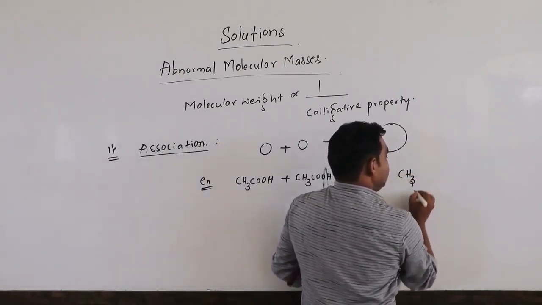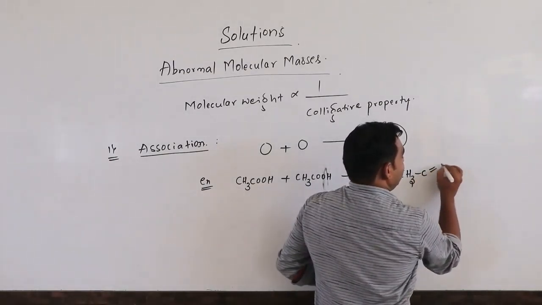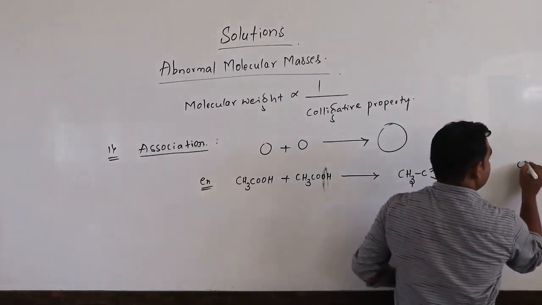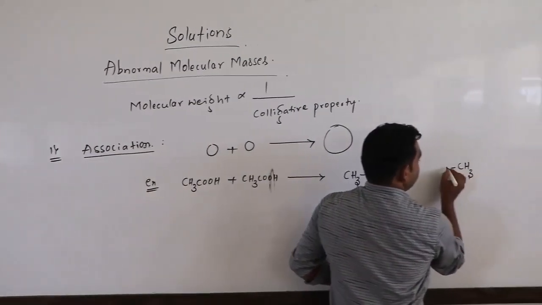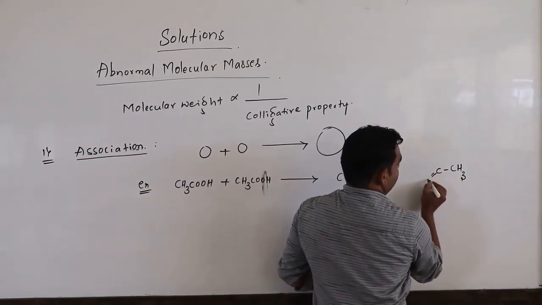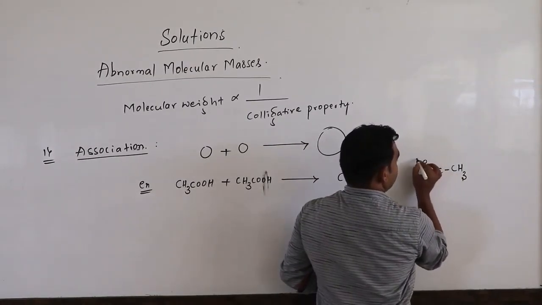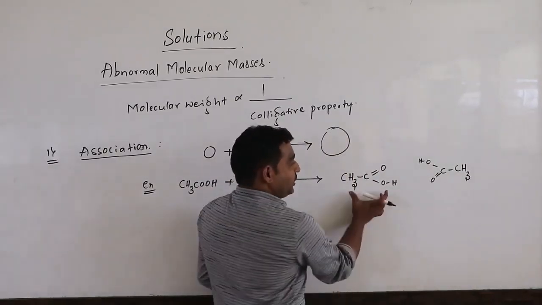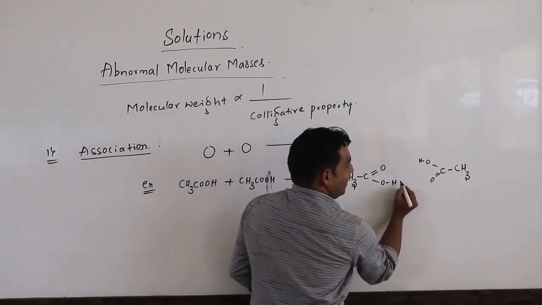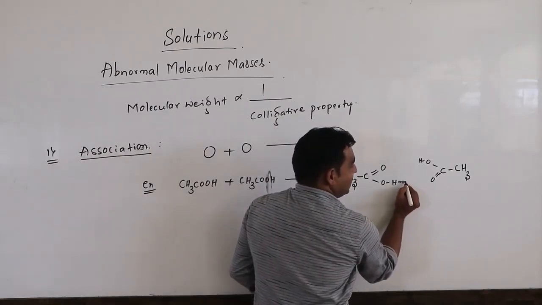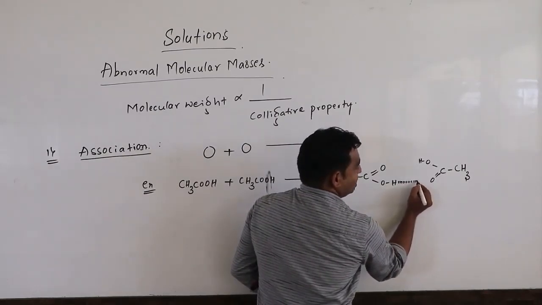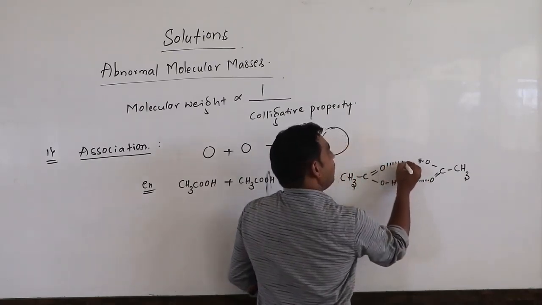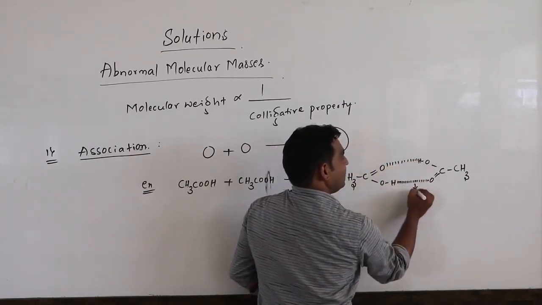One molecule is CH3C double bond OH, and one more molecule is CH3C double bond OH. These two molecules associate to form a dimer. Here the hydrogen is electropositive and oxygen is more electronegative, so they associate in the form of hydrogen bonding.